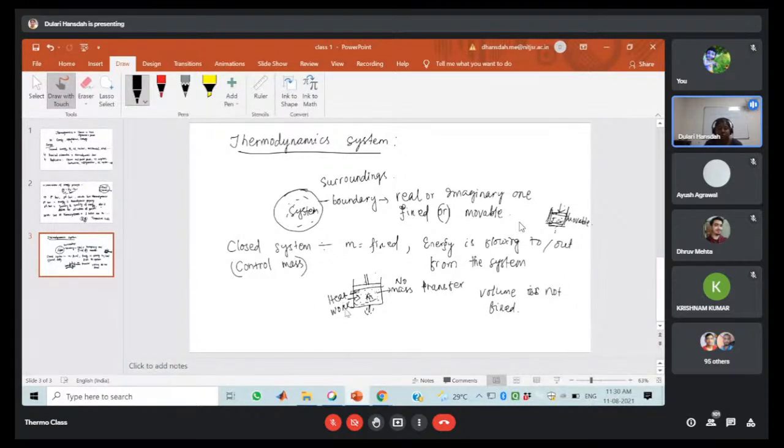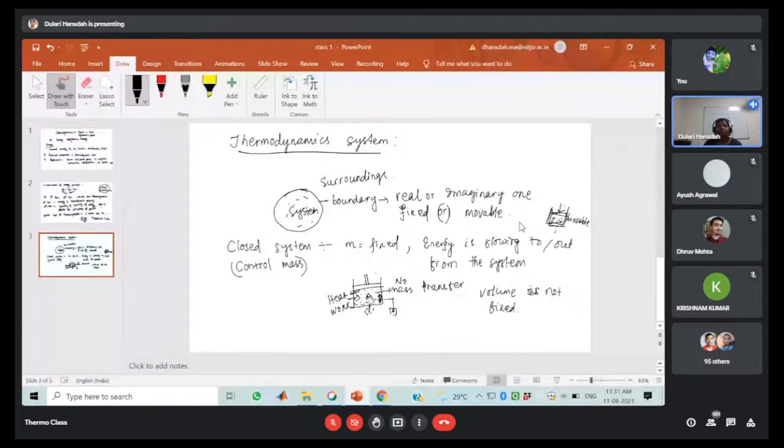So how will you give that energy transfer through work? Here you can include any paddle wheel work, where you are putting some wheel or some weight. Also this can be given through the shaft.